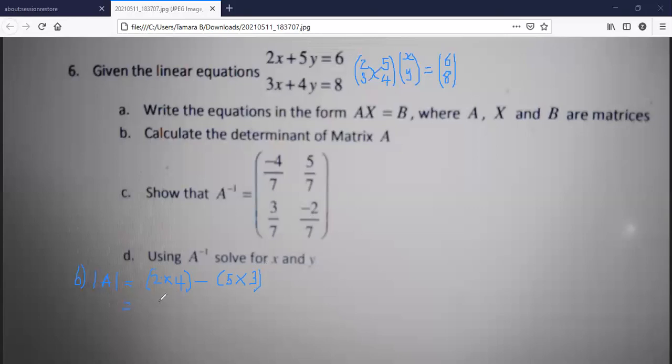Here we go. 4 2s are 8. 5 3s are 15. All right, so 8 minus 15, that's minus 7. So the determinant is negative 7. All right, so that's part B.